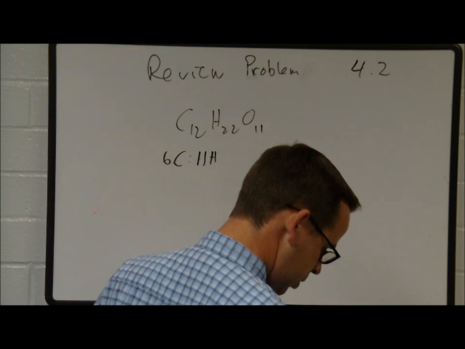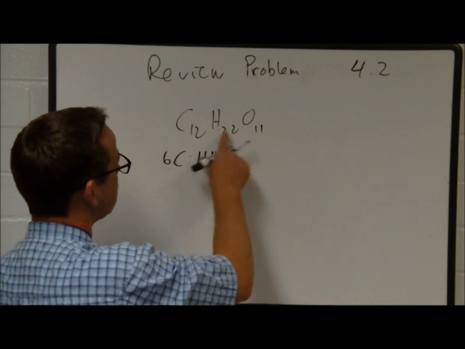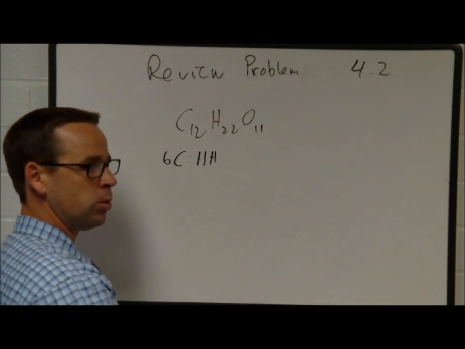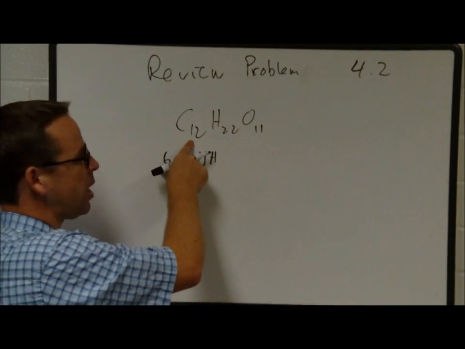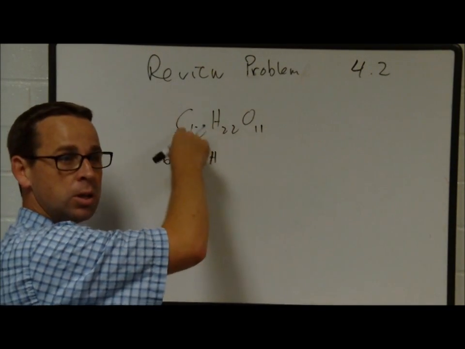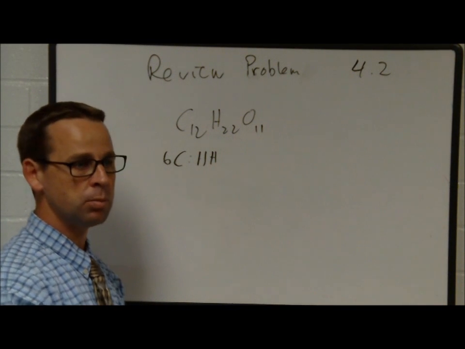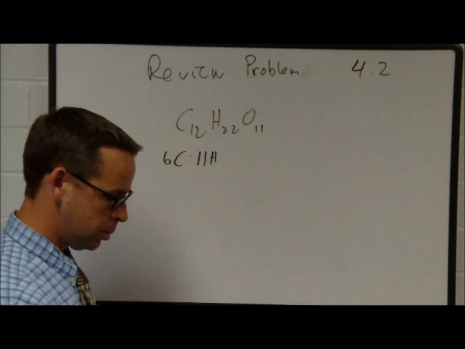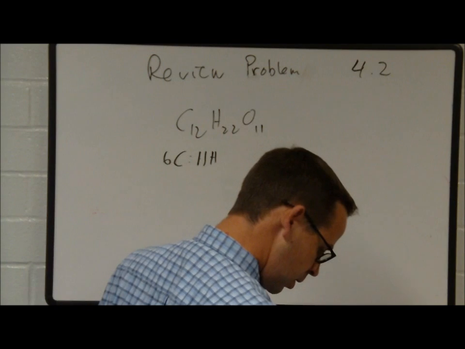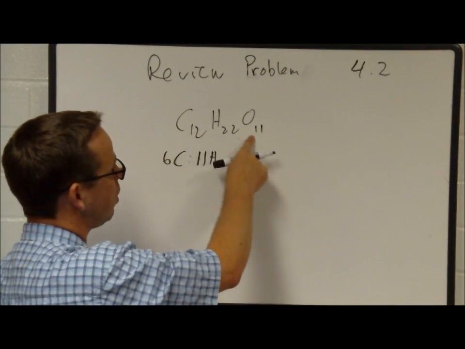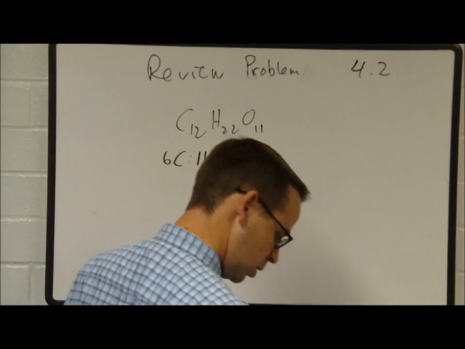B, what's the mole ratio of carbon to oxygen? Well, there's 12 carbons, 12 moles of carbon to every 11 moles of oxygen. So this number now means atoms in the molecule, but it also can be moles in any size unit. Moles per molecule, moles per unit, right? C, atom ratio of hydrogen to oxygen, 2 to 1, twice as many hydrogen as oxygen.